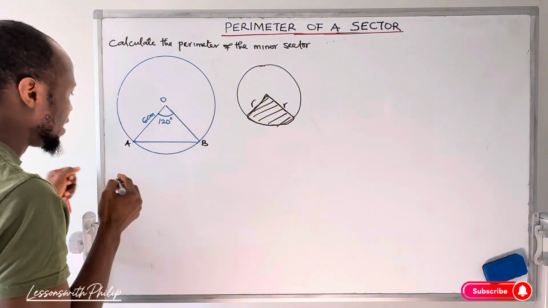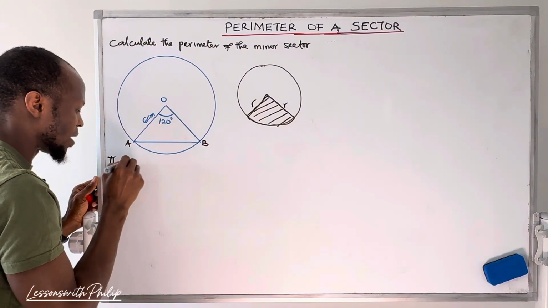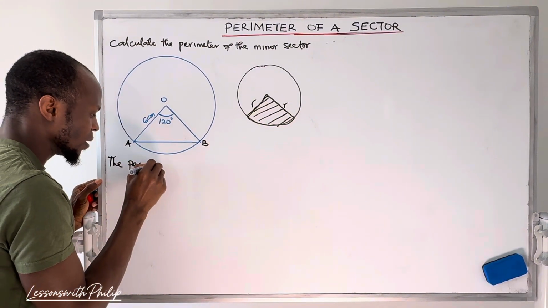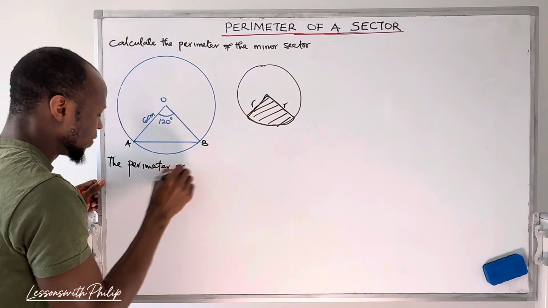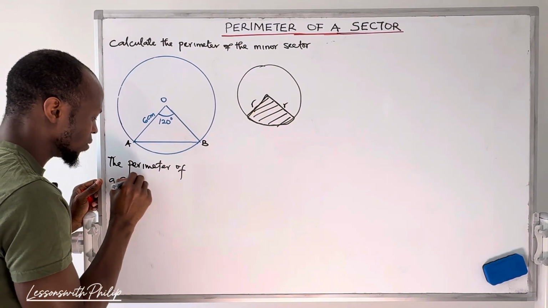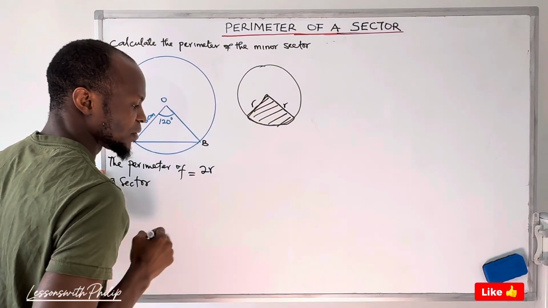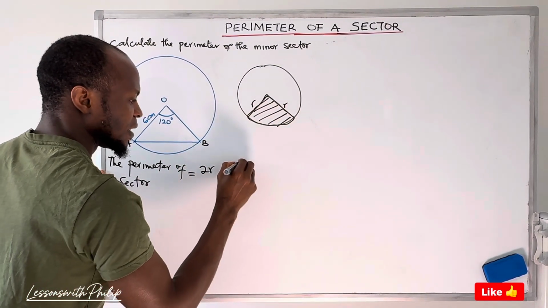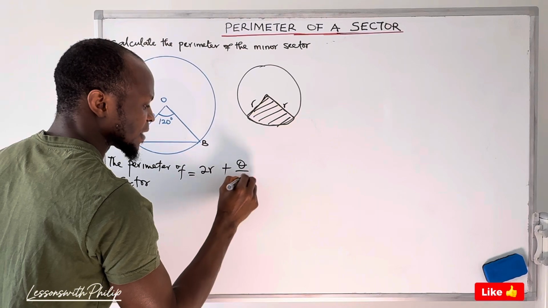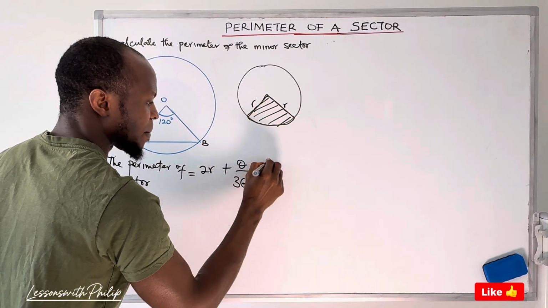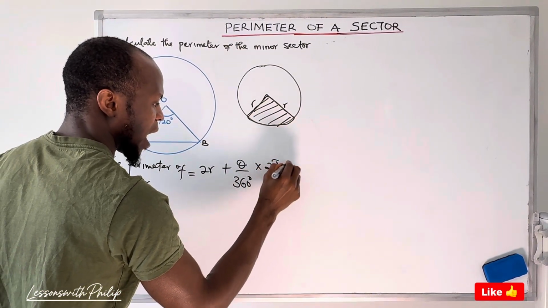That is why the perimeter of a sector is equivalent to two times radius plus theta over 360 degrees multiplied by 2 pi r.